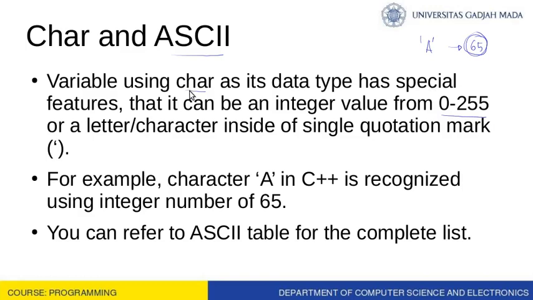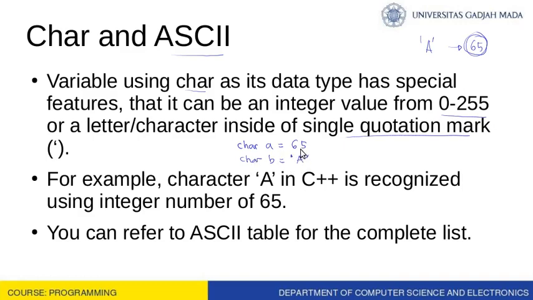So when we use char as our data type, we can put the value as an integer number between 0 and 255, or we can put the value as a character. However, you have to put single quotation marks, so you have to put this.